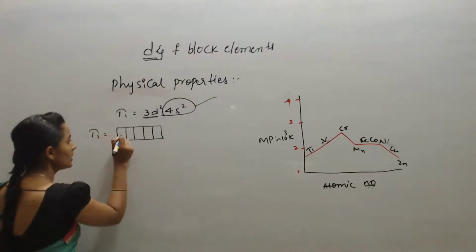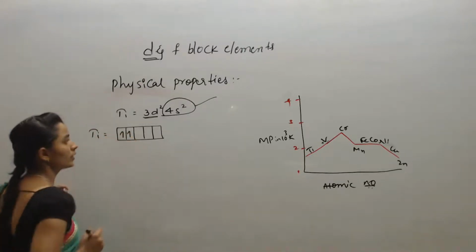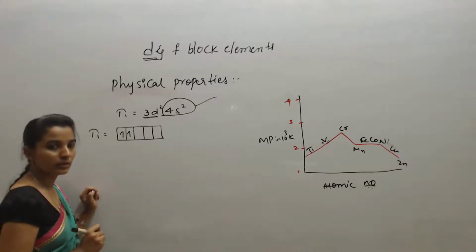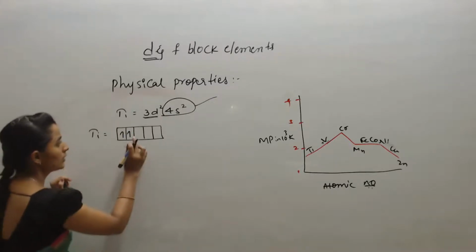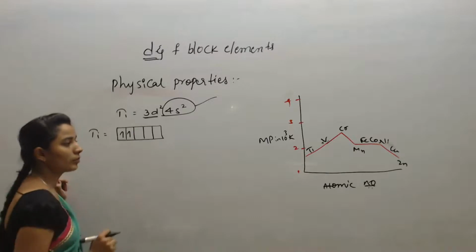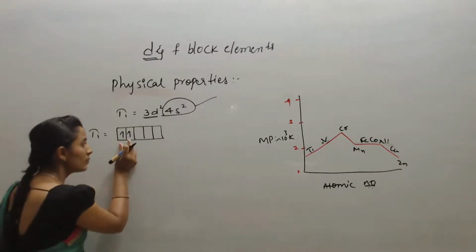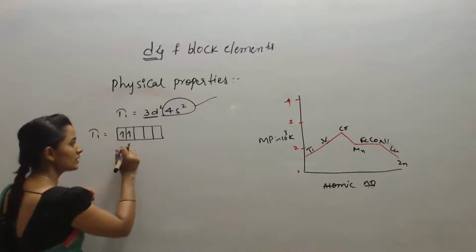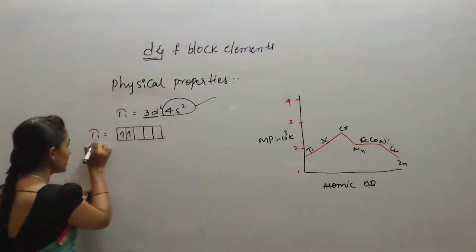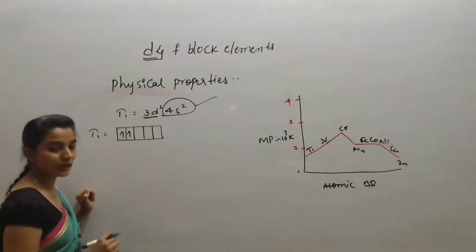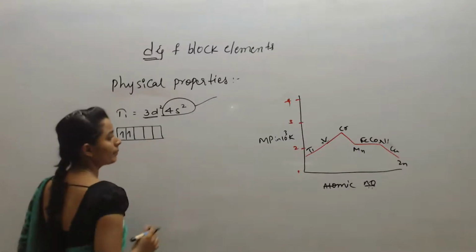For titanium, the 3d2 configuration. Correct? So next, here we have 3 vacant orbitals and 2 unpaired electrons. These unpaired electrons have the capacity to bond with another titanium atom, they get paired up, so it forms a metallic bond.